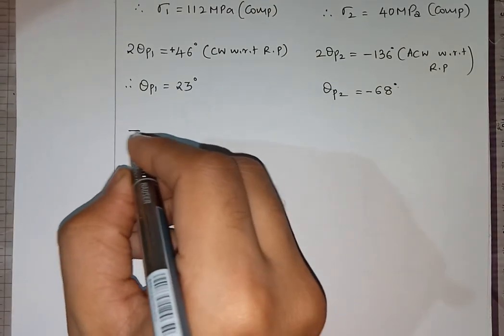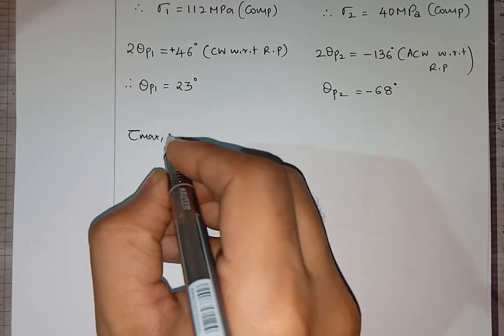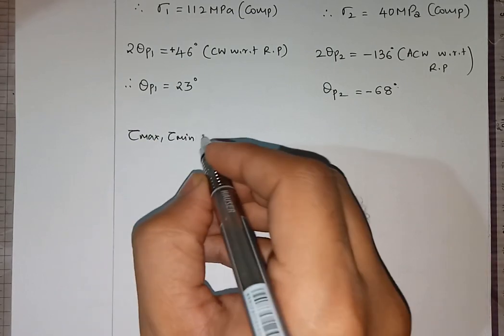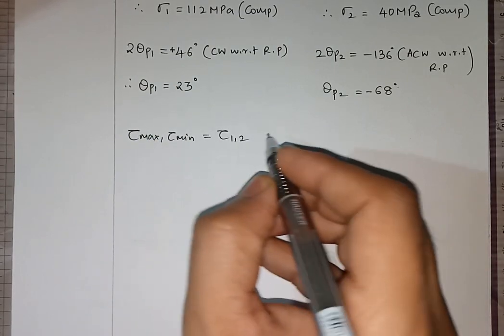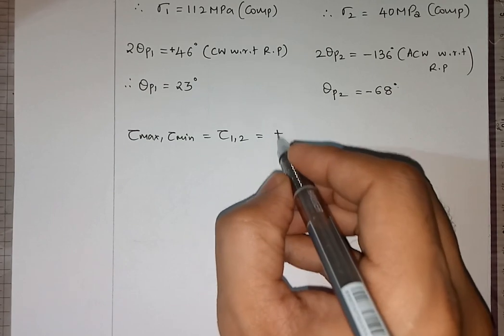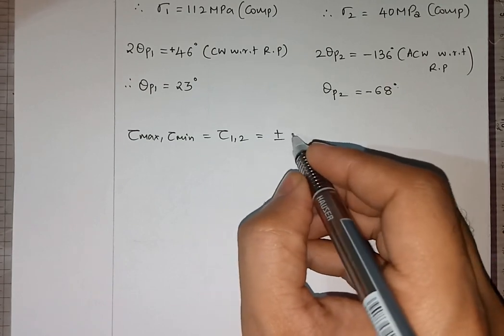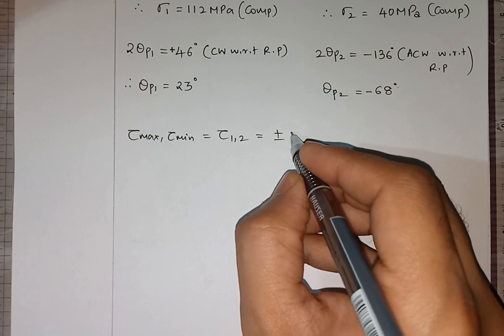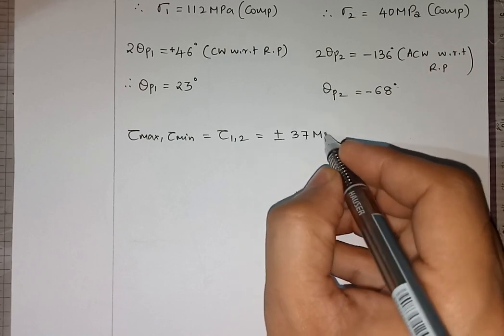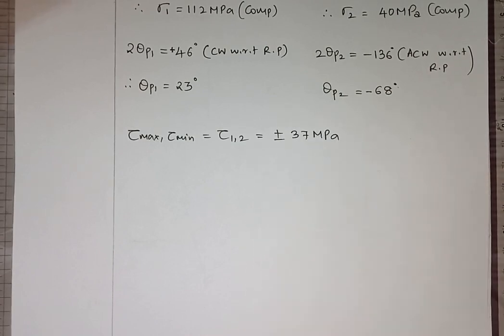Here tau max, tau min, some people call it tau 1, 2, is plus or minus 37 MPa. Why? Because the measured distance is 37 mm and our scale is 1 mm is equal to 1 MPa, right?